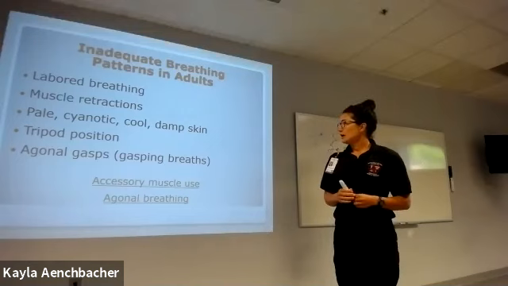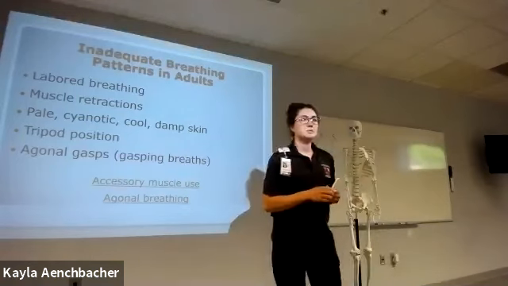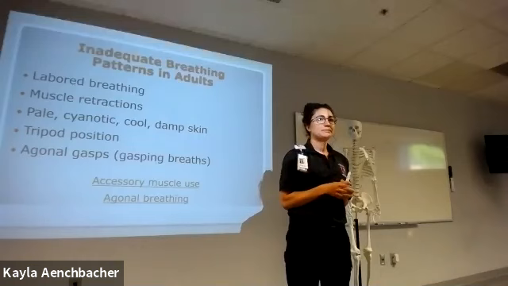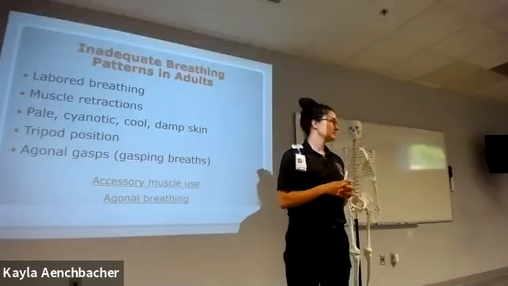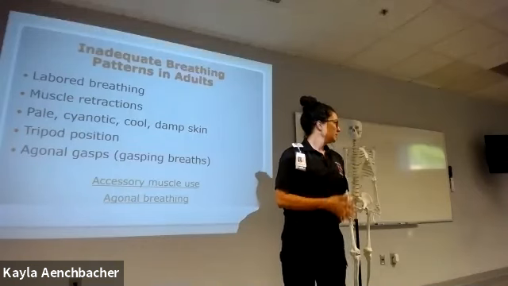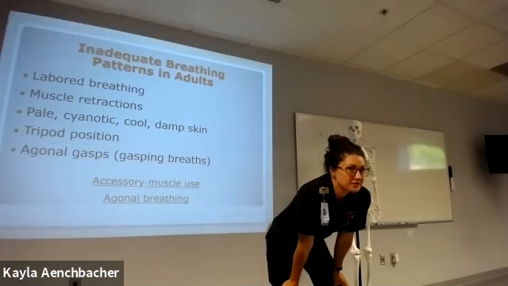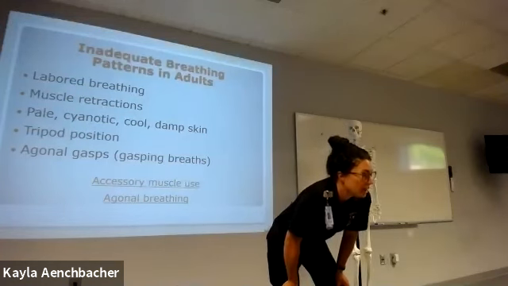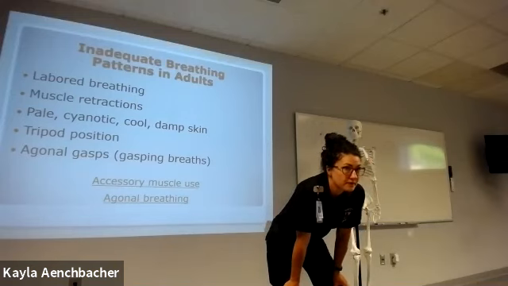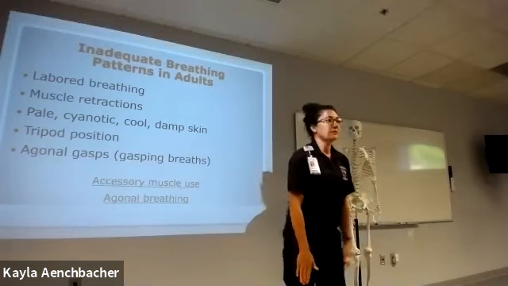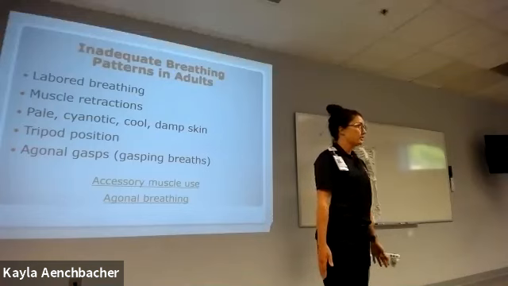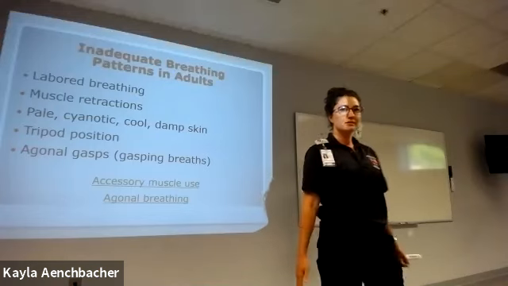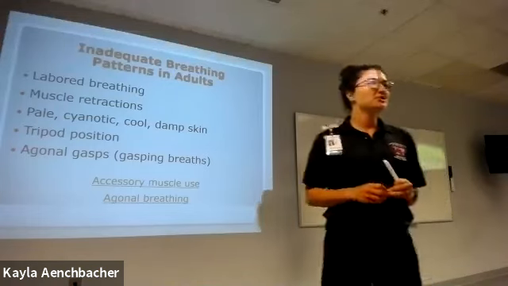All right, tripod position. What is this? Medical definition, please. Yeah, so if you see somebody doing this, or if there's somebody sitting down and they are literally propping themselves up, that indicates difficulty breathing, labored breathing. Why? Why did somebody end up in the tripod position?